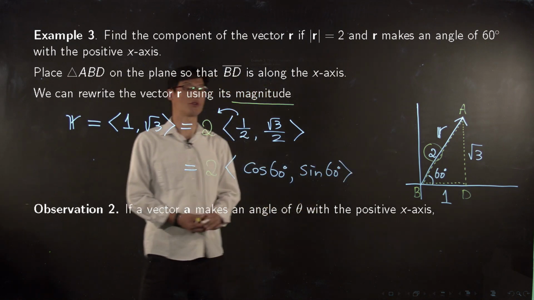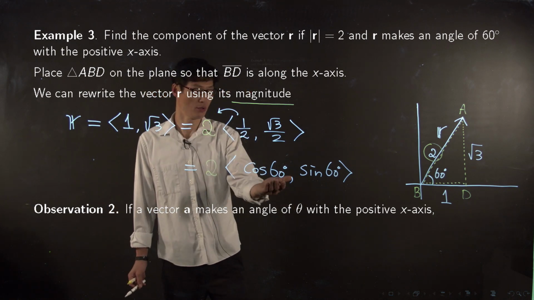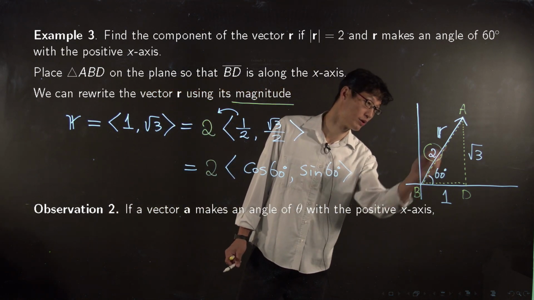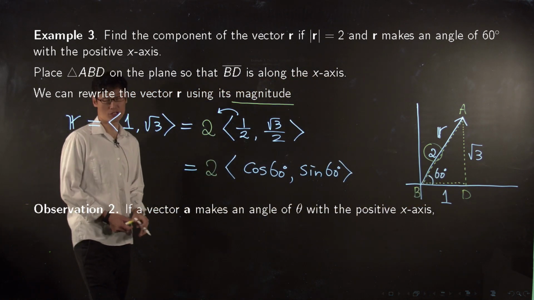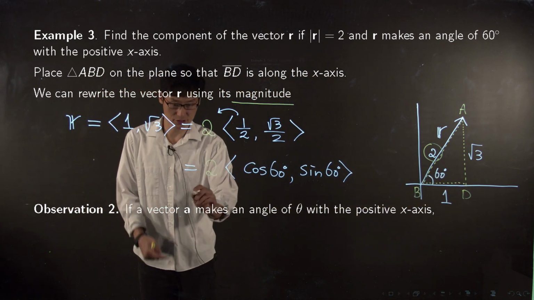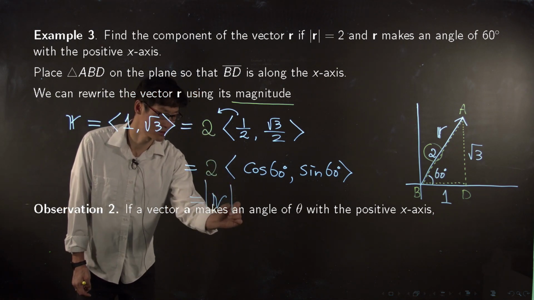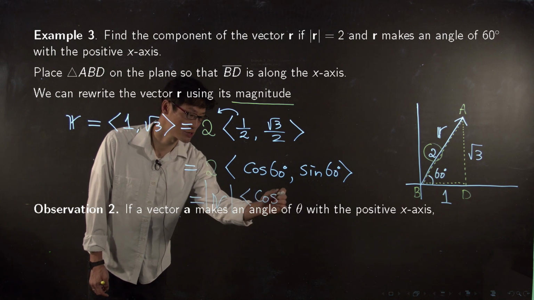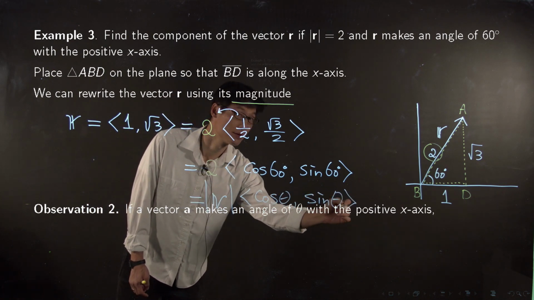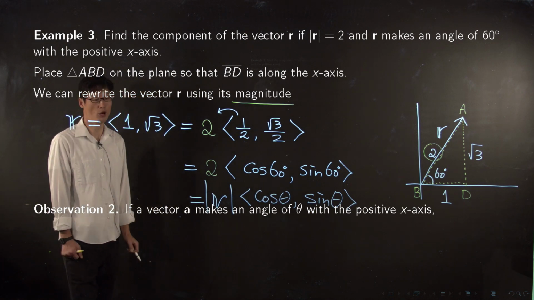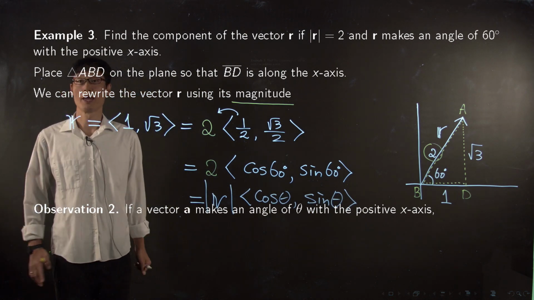Look at this structure: magnitude with trig functions of the angle between this vector and the positive x-axis. And actually, it turns out that every vector can be written in this way. Magnitude times cosine theta, sine theta. Always.